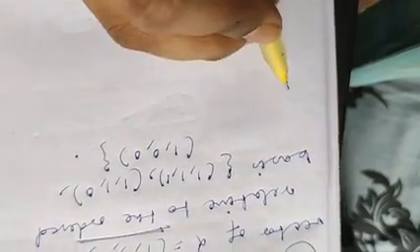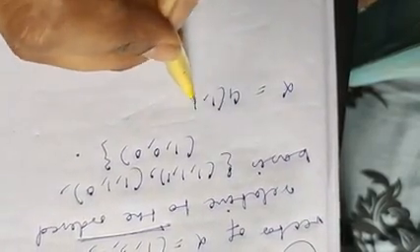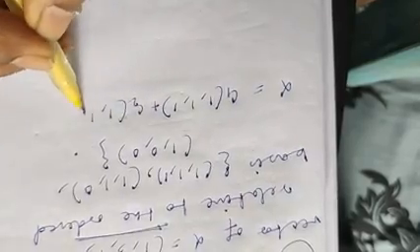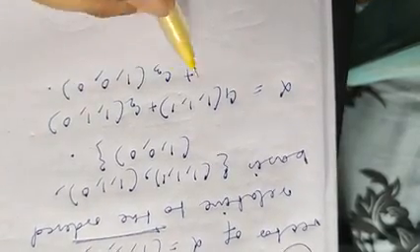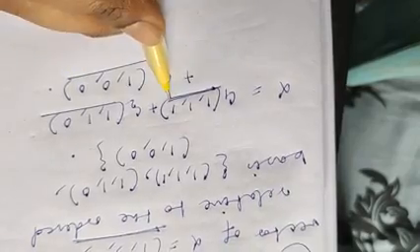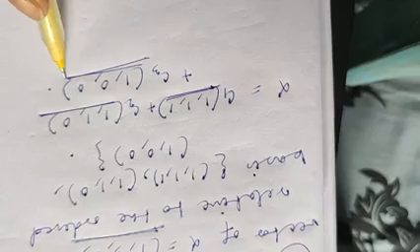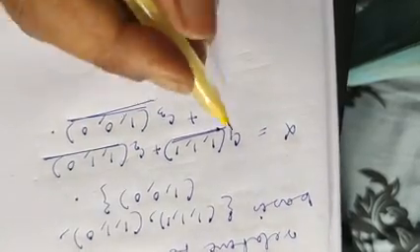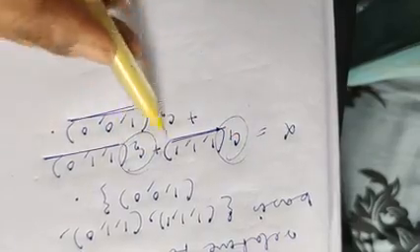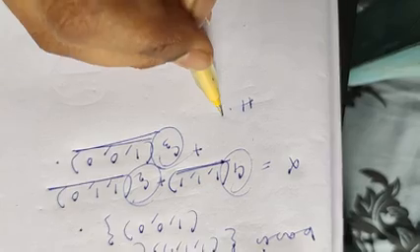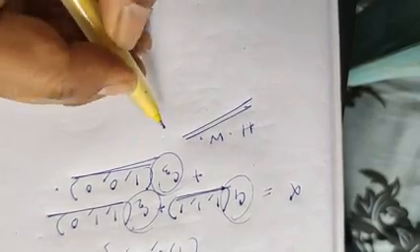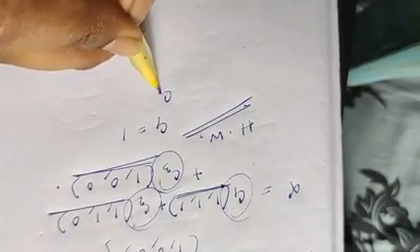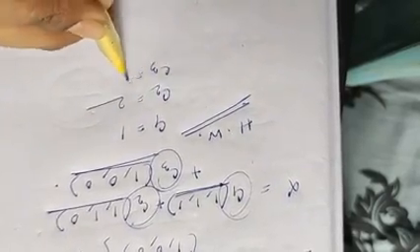That means just write down alpha equals C1 times the first vector, plus C2 times (1, 1, 0), plus C3 times (1, 0, 0). We will keep the position fixed. This always comes first, this comes second, and this comes third because it's an ordered basis. Then try to find the values of C1, C2, C3. This is your homework. I'm telling you the answer: C1 will be 1, C2 will be 2 and C3 will be minus 2.